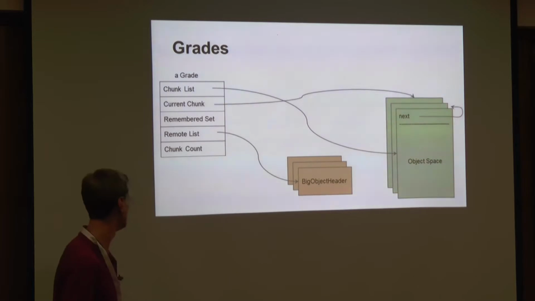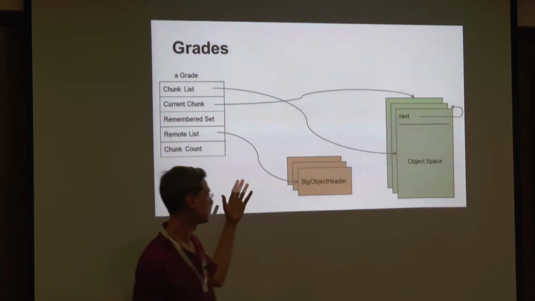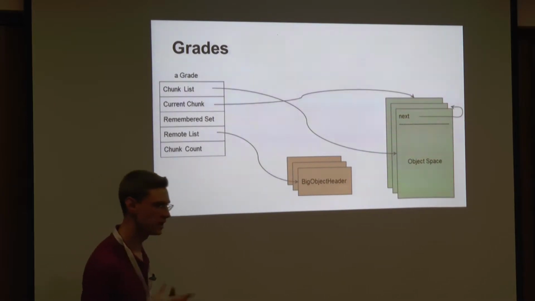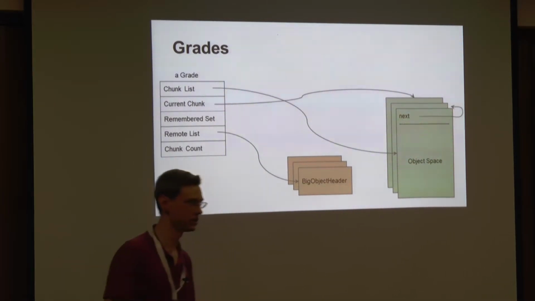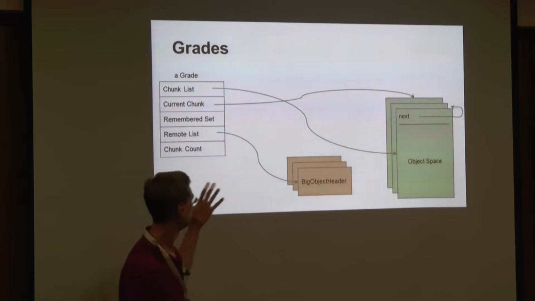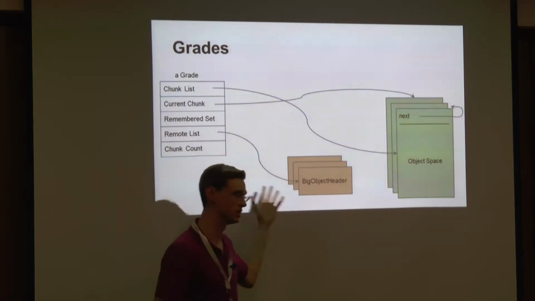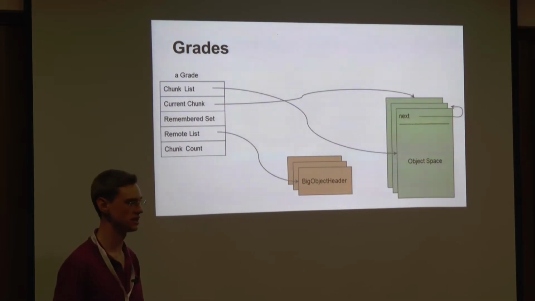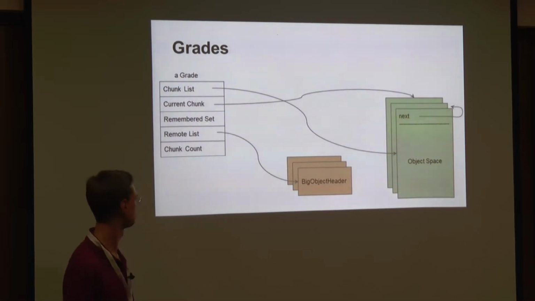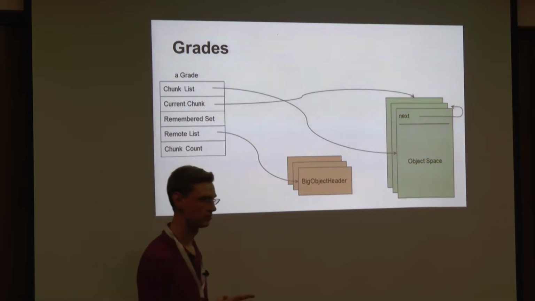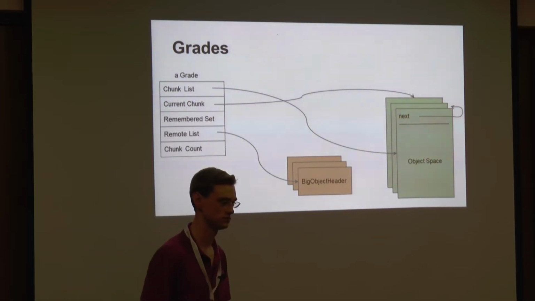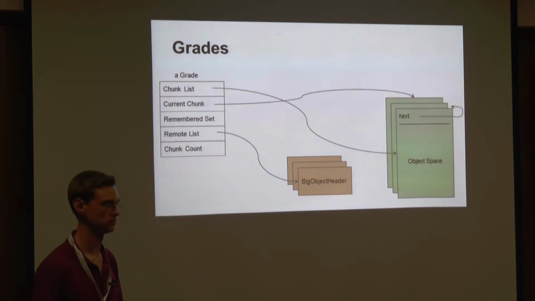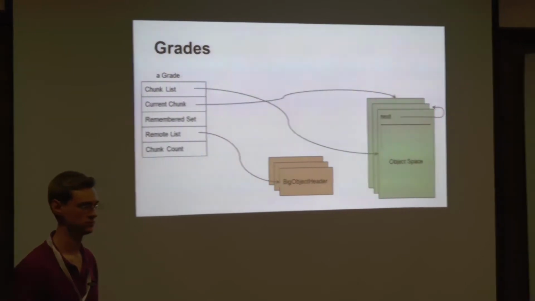Also, we have a set of big object headers. It's a linked list again. If we have any big objects, I'll define those later, but we'll keep track of all the big object headers in the grade. This allows us to find these references in these headers and automatically clean them up as we need to. As a quick overview, if you have an object bigger than a certain size, the body of the object is malloc'd.